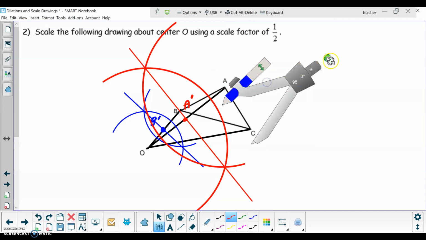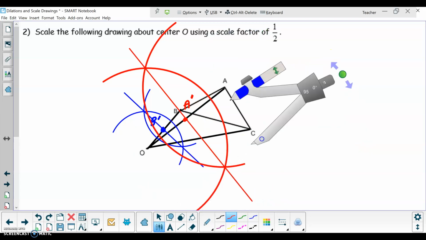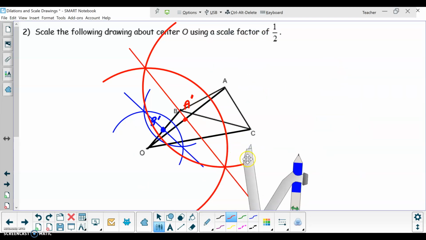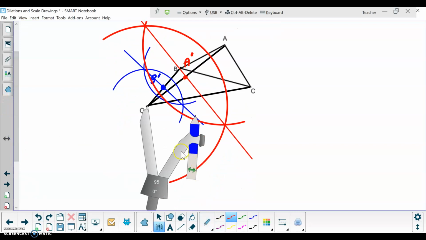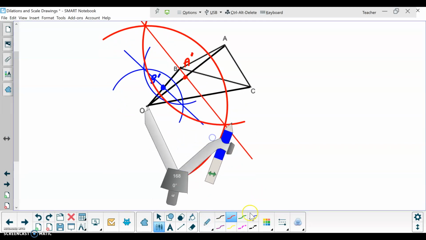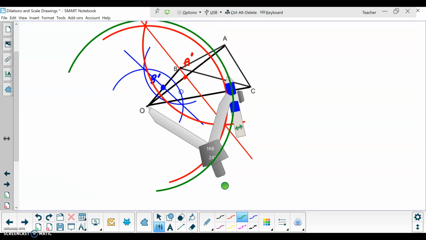And then we're going to do the same thing with OC. Okay, so again, make sure you're more than halfway. Swing that arc above and below.